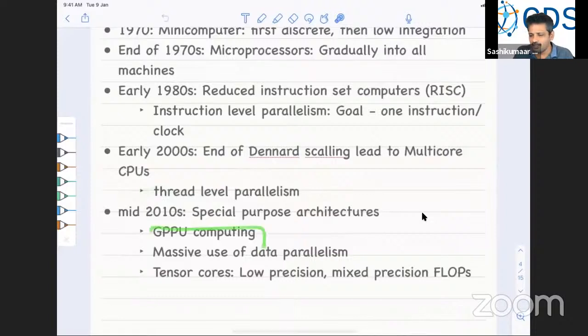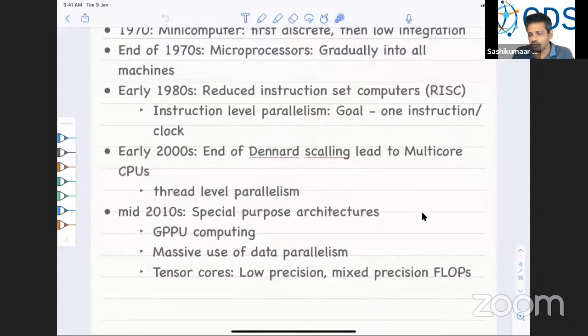NVIDIA has dominated the world of GPU computing around 2010 to 2020. In these last 10 years, when you talk about the GPU, it's mainly about NVIDIA. But AMD has also come up with graphics cards.